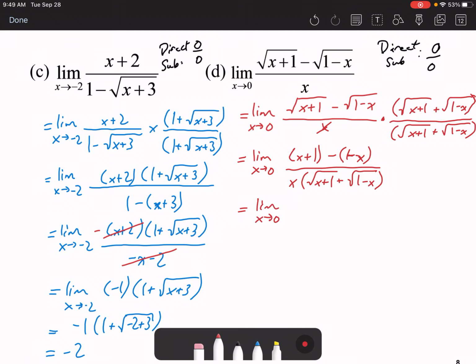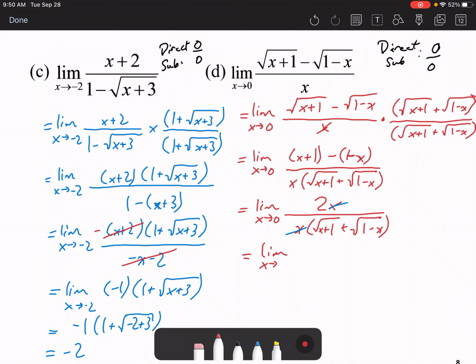Now I'm going to simplify the numerator. So x plus 1 minus 1 minus x turns out to be 2x, all over x times the square root of x plus 1 plus the square root of 1 minus x. So again, you'll notice that the x's cancel out in this case. And now we're looking at the limit as x approaches 0 of 2 over the square root of x plus 1 plus the square root of 1 minus x.